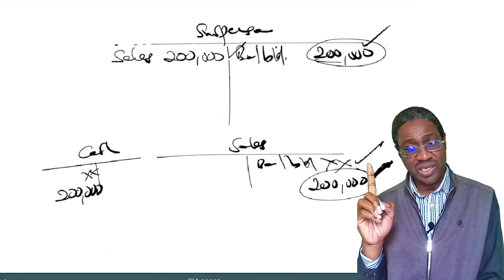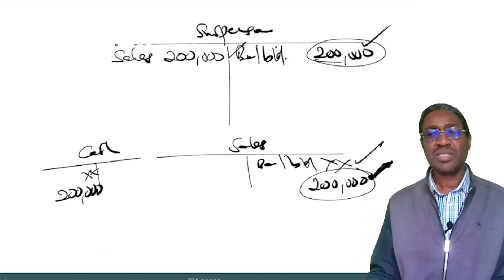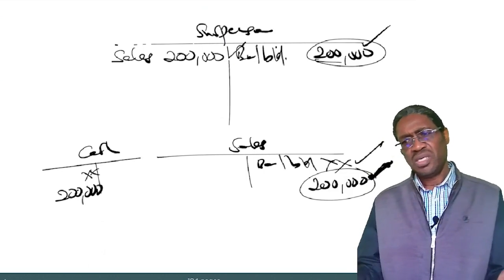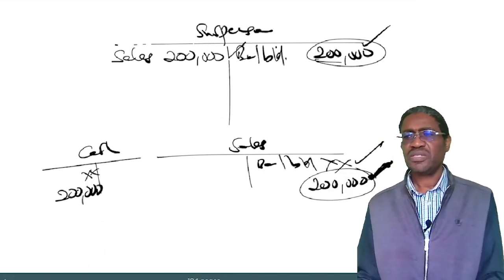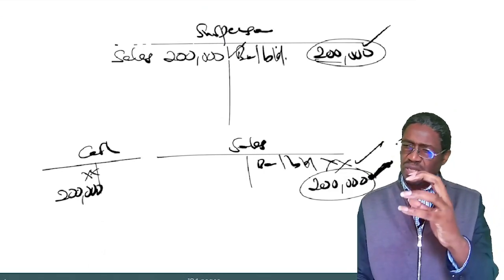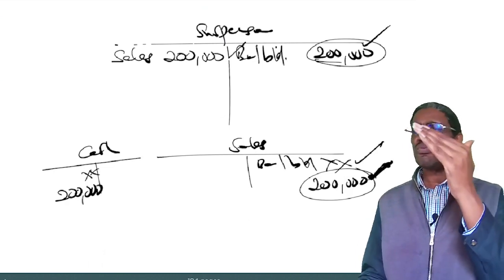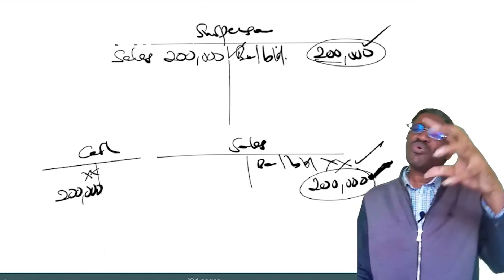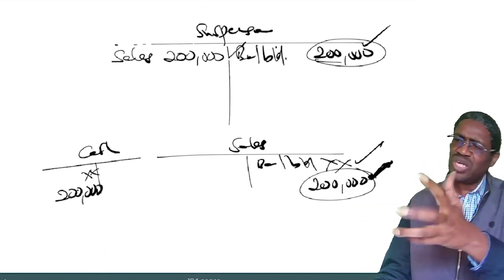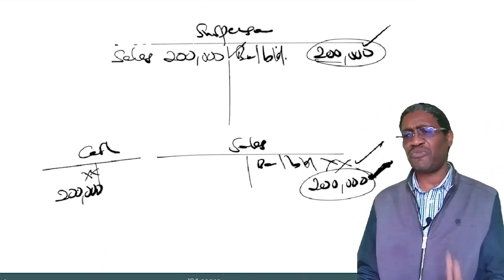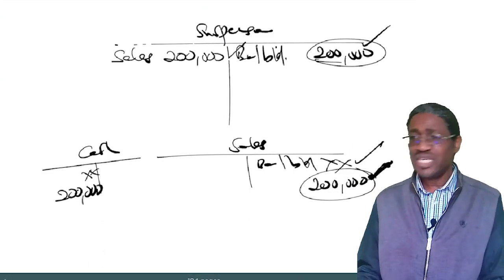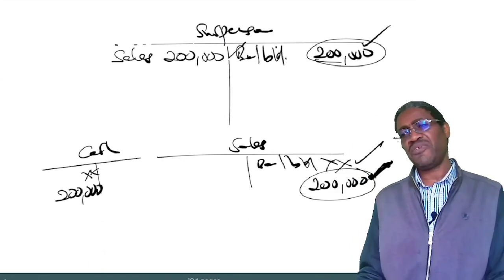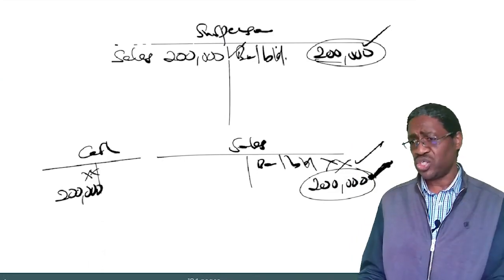Listen carefully. This error that you committed could affect the profit. Remember I said, by the end of the year, you realize that your trial balance is not balancing. Do you have to go back looking for the error so that you correct it, then prepare the profit and loss for the company? No. I said you suspend the amount and continue and prepare the final accounts, which is the P&L account and balance sheet.